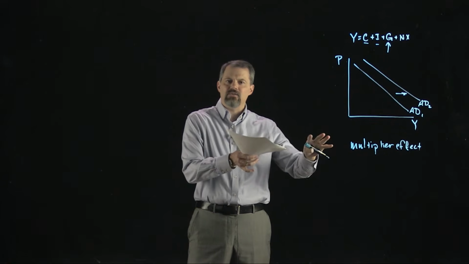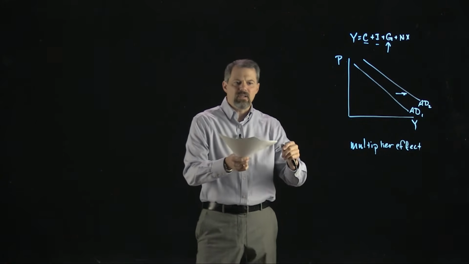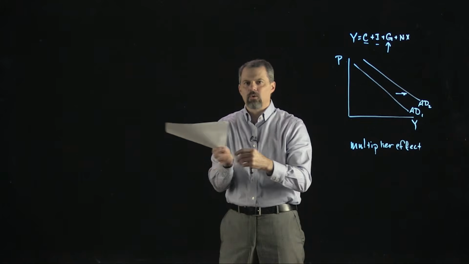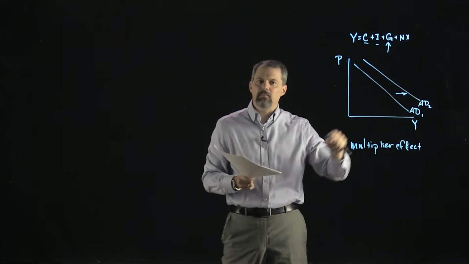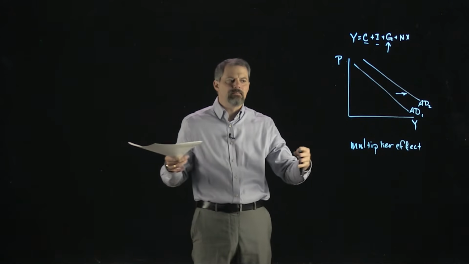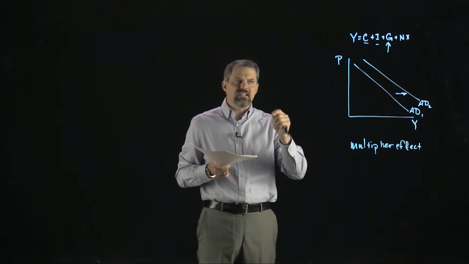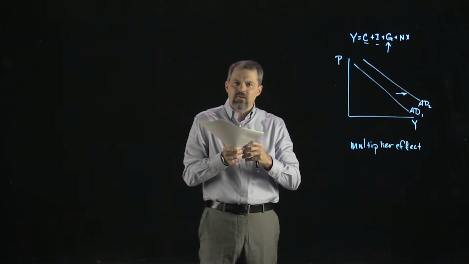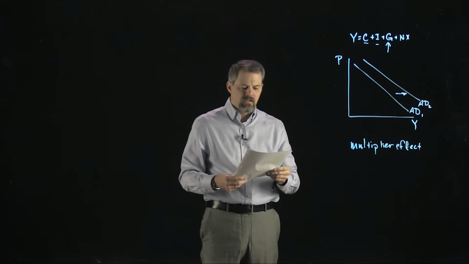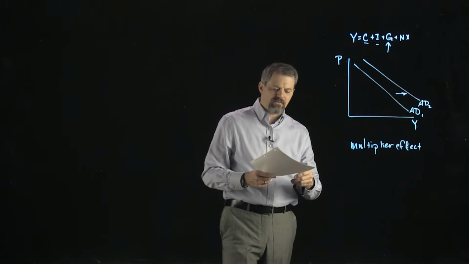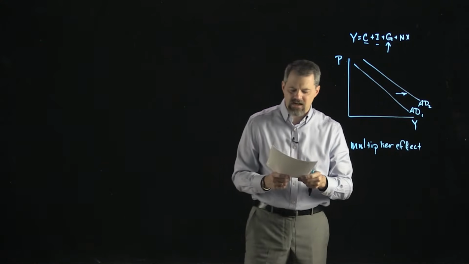They're going to buy things from stores, and the people who own the stores that sold those things are going to have some new money in their pockets, and they're going to go out and buy stuff. And so you can see that it's not just the initial $10 billion. It's going to have kind of a ripple effect through the economy. So what we need to think about is how big is that ripple effect?